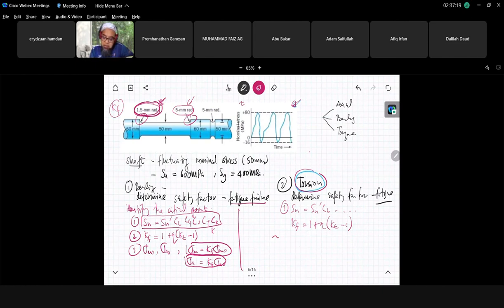Then you calculate the mean shear stress and alternating shear stress, then times Kf: Tm equal to Tmo times Kf, because there's no bending, just focus on torsion. Same as Ta equal to Tao times Kf.